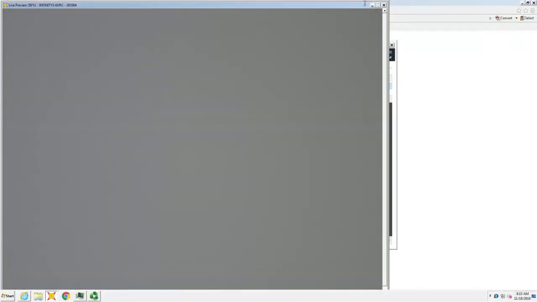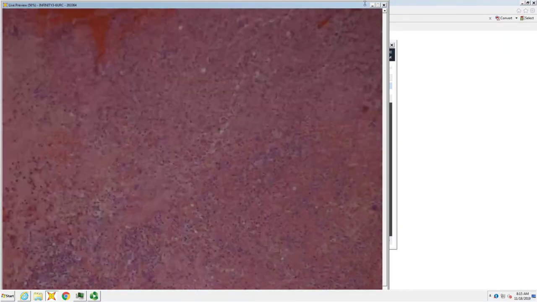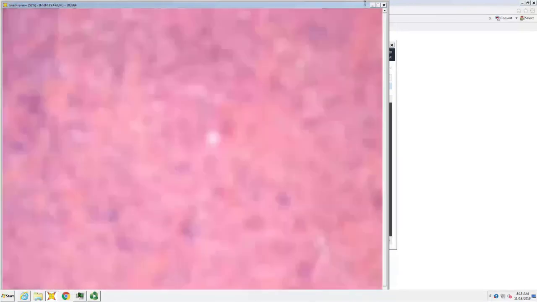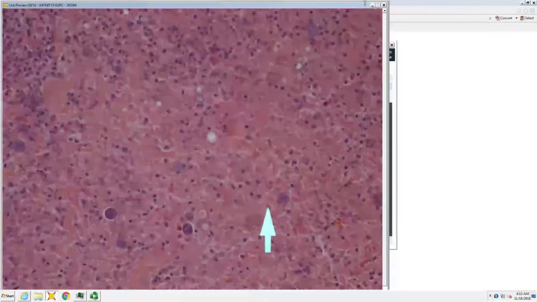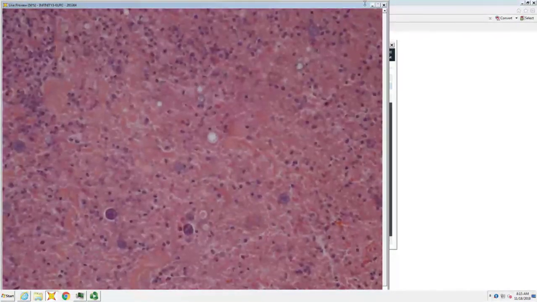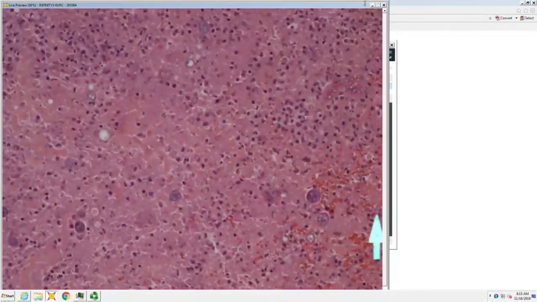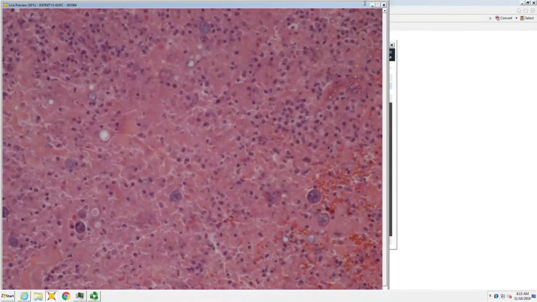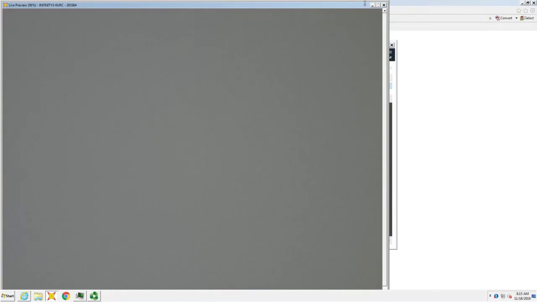Okay, thank you. Okay, what's this one? This is cocci. Big, large spore, very symmetrical wall, lacy gray interior.